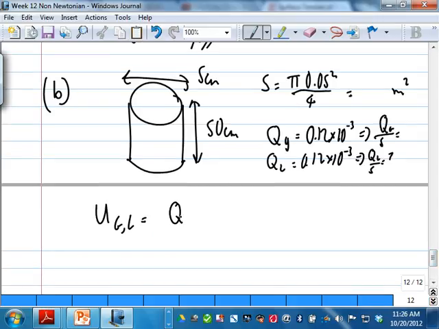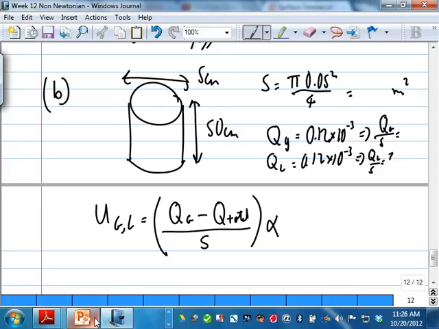I think it's QG minus Q total over S multiplied by alpha. Is that correct?